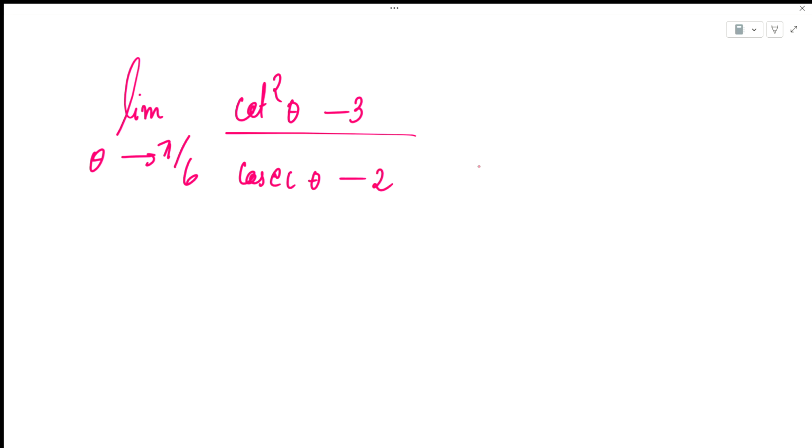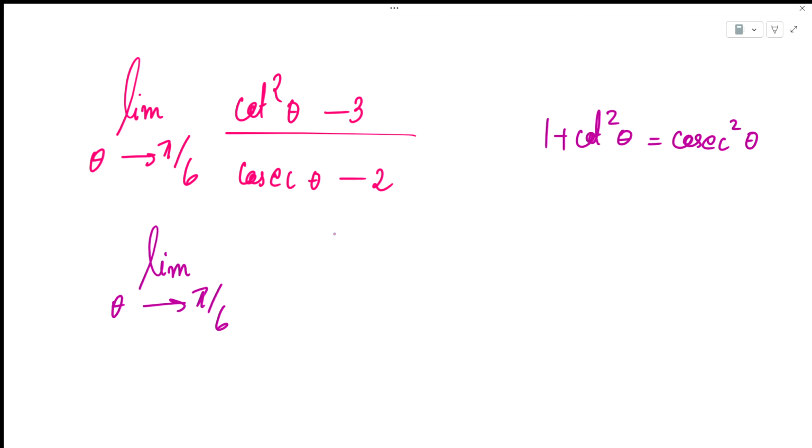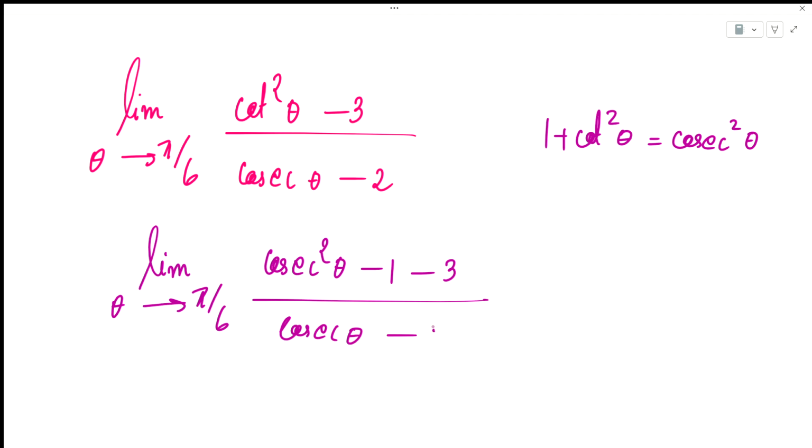Now see, we have this formula over here, 1 plus cot square theta is equal to cosec square theta. So in place of cot square theta, I'm going to write cosec square theta minus 1. So cosec square theta minus 1 minus 3 divided by cosec theta minus 2.